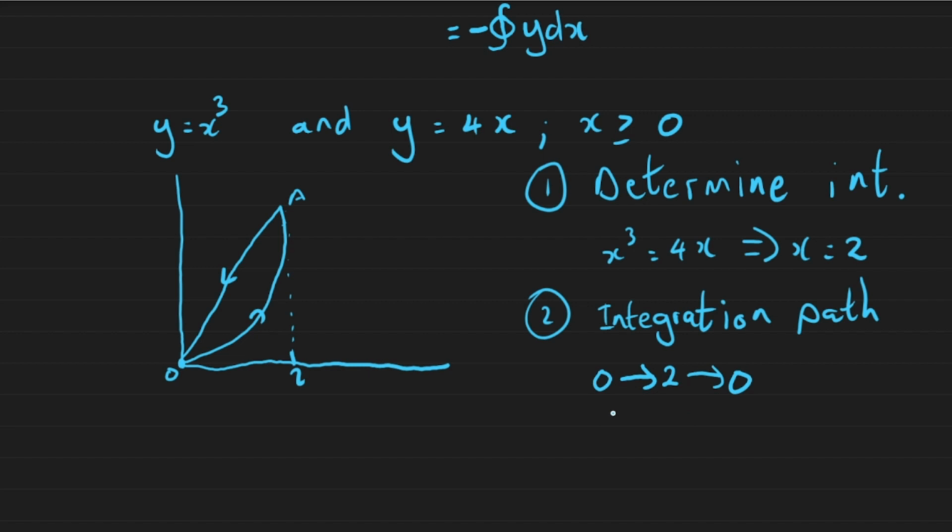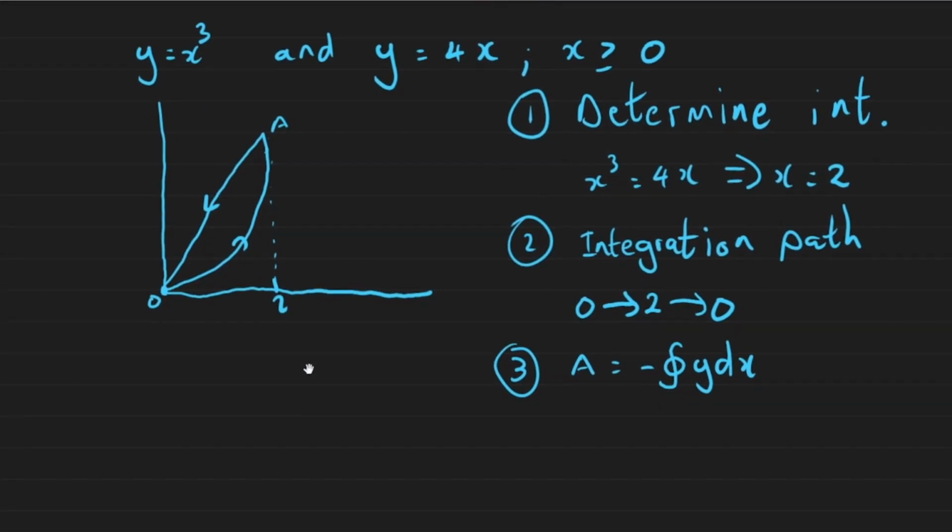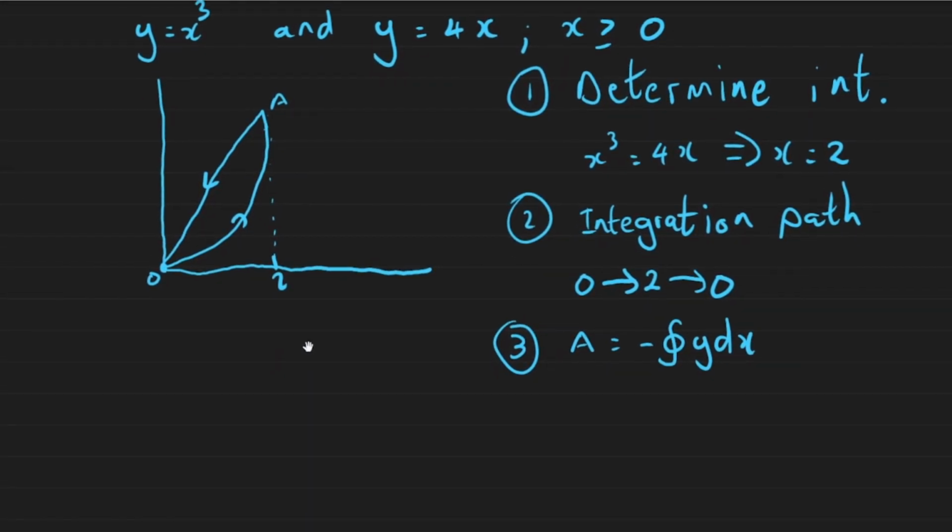So now we've done this, and the third step is to find the area underneath the curve. And that area is given by minus the integral inside the bounded curve of y dx. So this is equal to minus, firstly, the integral of the bottom curve from 0 to 2.